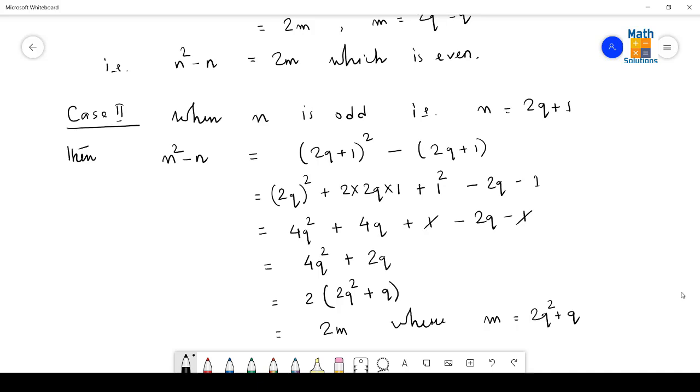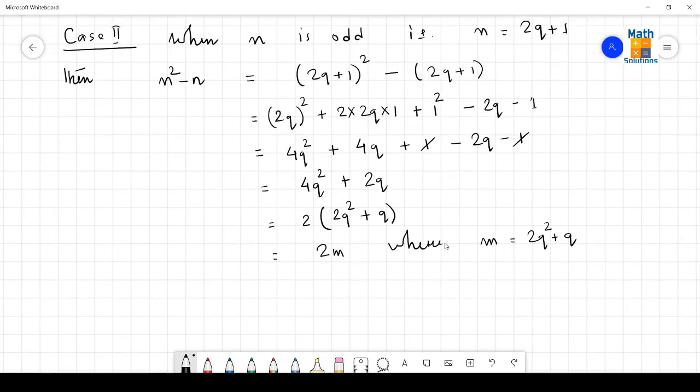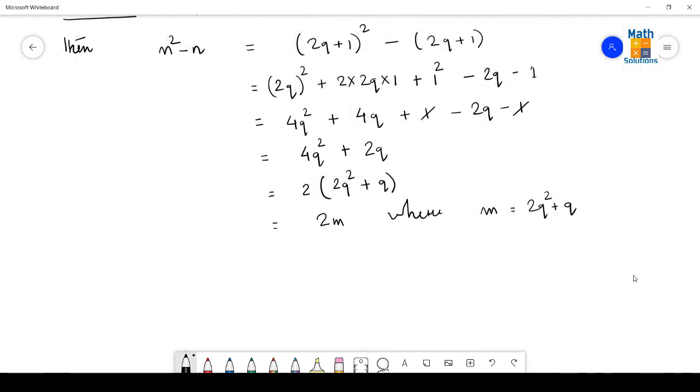So again, in this case also, it is very clear that n square minus n is expressible as a multiple of 2. So I can write here, that is n square minus n is equal to 2m, which is even.